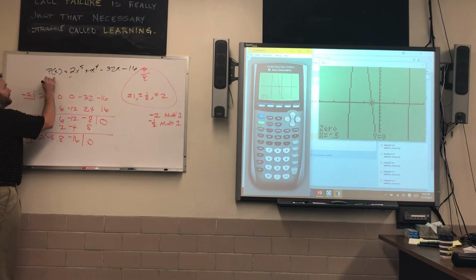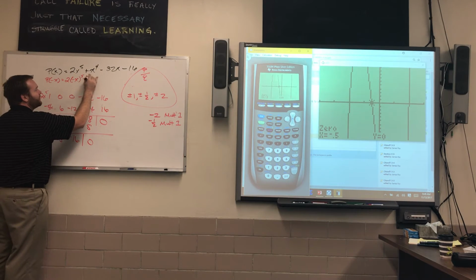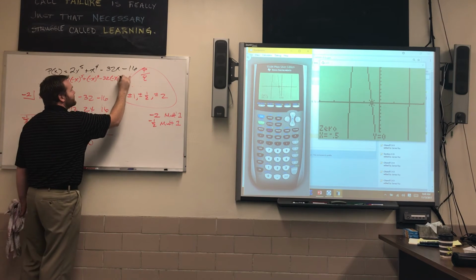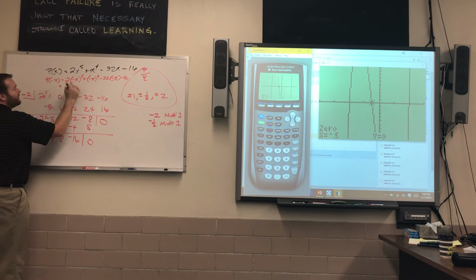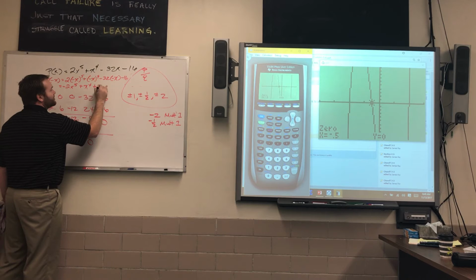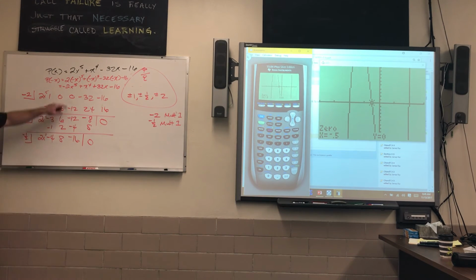If I would have found p of negative x, that's 2 times negative x to the fifth plus negative x to the fourth minus 32 times negative x minus 16. So that'd be negative 2x to the fifth plus x to the fourth plus 32x minus 16.